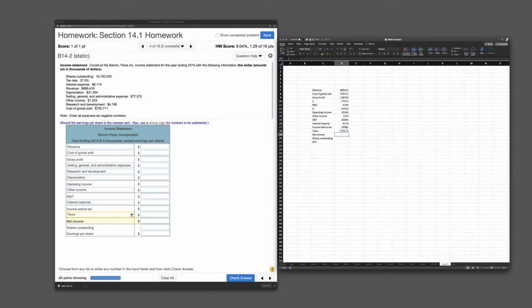So we're just going to multiply our income before tax times our tax rate. And we always want to make sure it's to the nearest dollar. But again, reminder, we have to make this negative. So we go ahead and make that negative. And now we can figure out our net income. Okay, so we're going to remove those taxes. That will give us our net income.